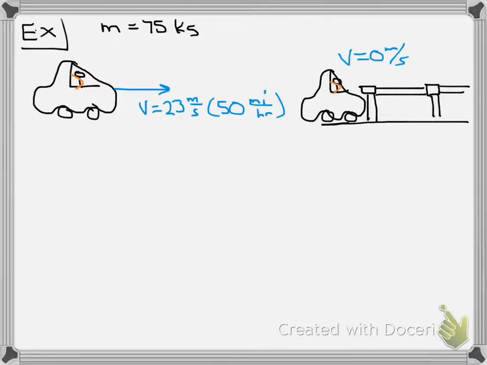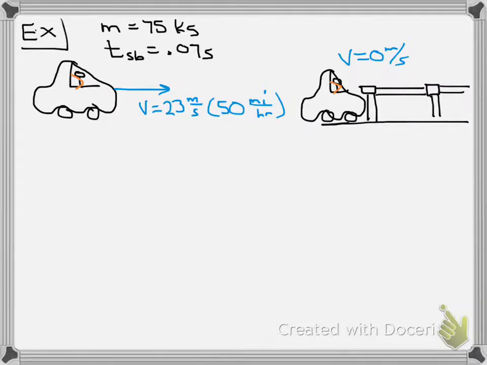Now, if this car should accidentally run into, let's say, a guardrail, it would be brought to rest, 0 meters per second. And the occupant inside the car is also going to come to rest. Now let's say that the occupant is wearing their seatbelt and the seatbelt brings them to rest in a time of 0.07 seconds. Basically, that's the same time it might take the car to come to rest.